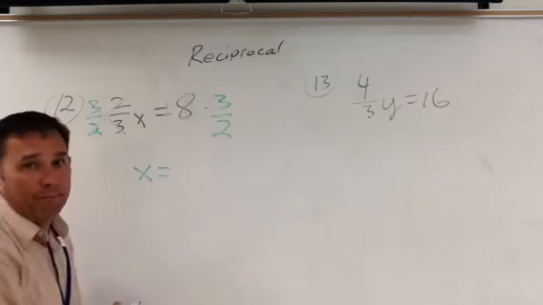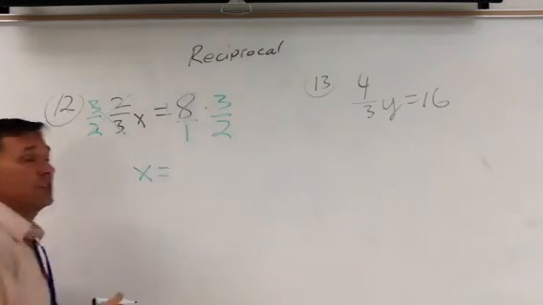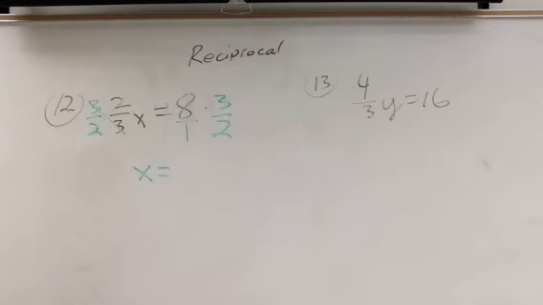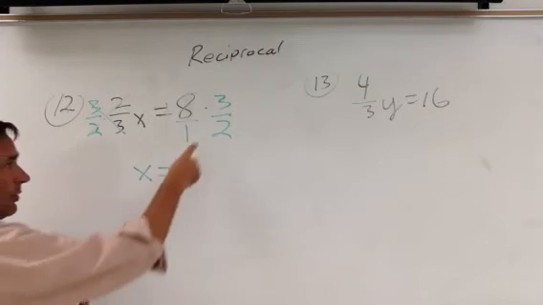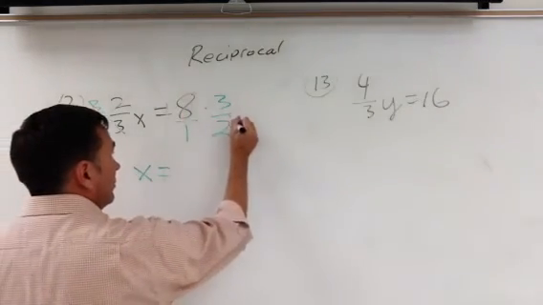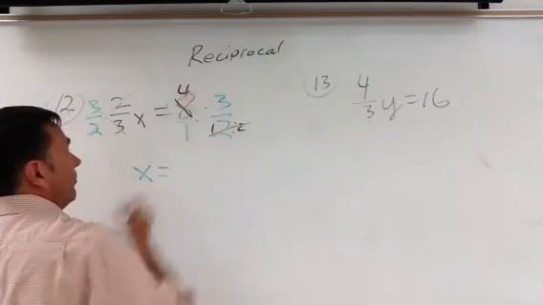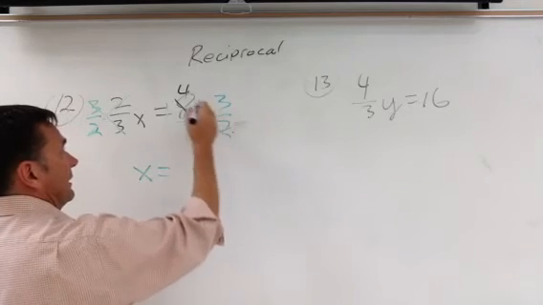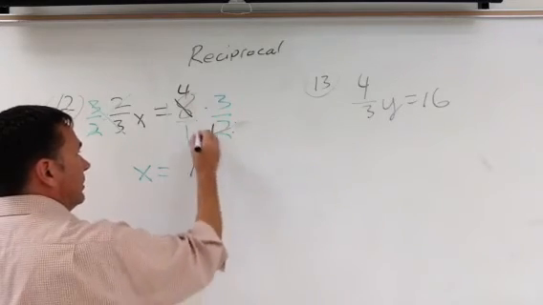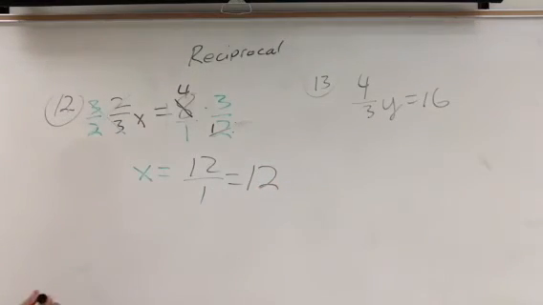Now when you have a whole number without something under it, if it helps, change it to 8/1. Now what can we reduce, if anything? I know that 2 goes into 8, so 2 divided by 2 is 1, and 8 divided by 2 is 4. Now 4 times 3 is 12, 1 times 1 is 1, so our final answer is 12.